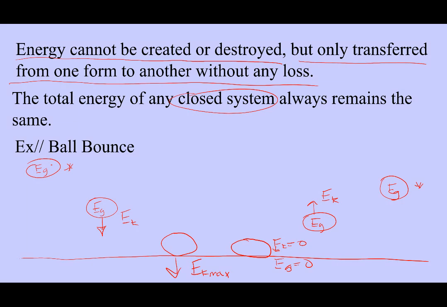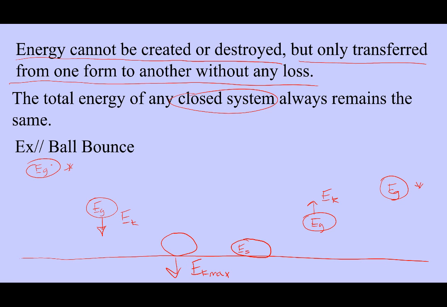So then what does it have? As always, pause this video if you want to jot anything down. What it's doing at that point is it is storing elastic potential energy. I drew the ball kind of compressed there, at least I attempted to, because the ball stores elastic potential energy when it squishes a little bit as it interacts with the ground, and then it bounces, it springs back up.